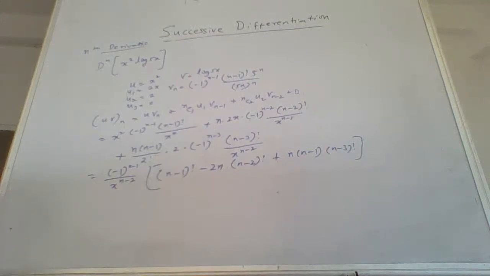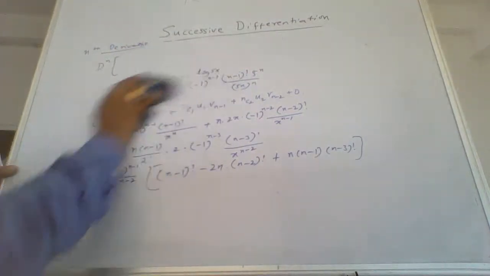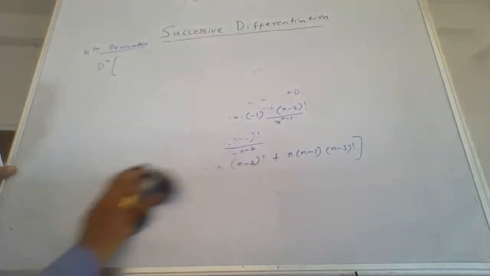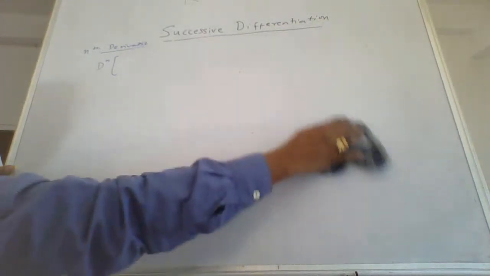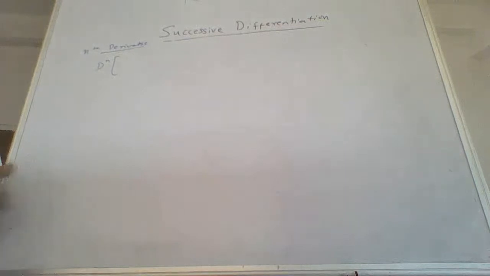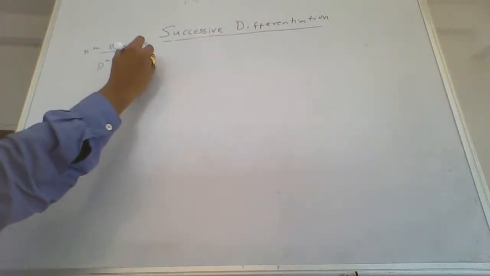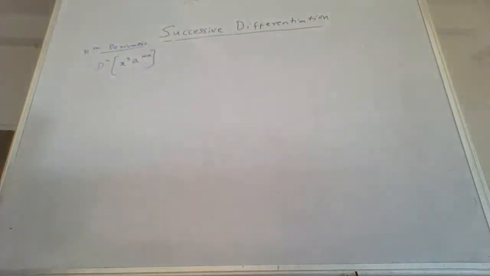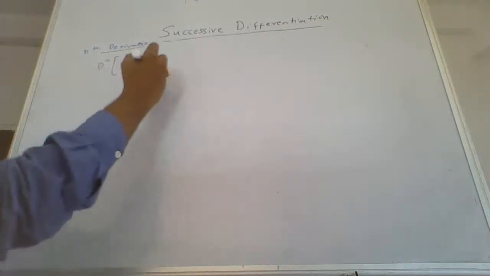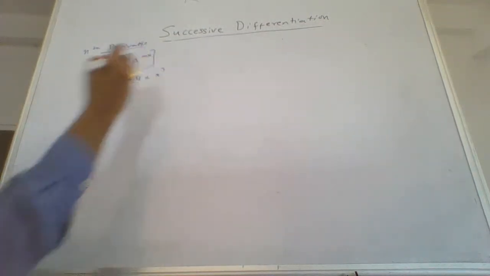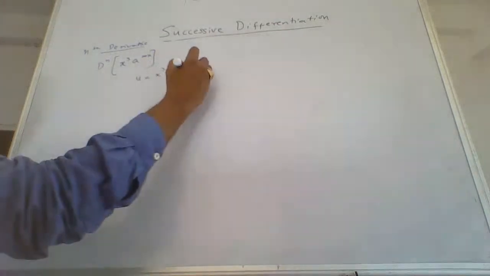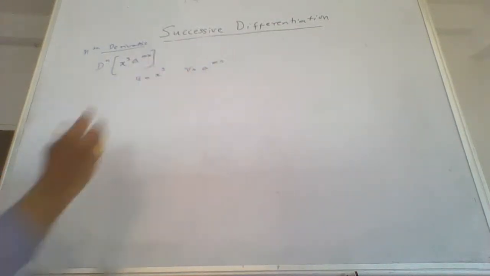So let us see one more example. Suppose I have to find the nth derivative of x cube a power mx. Let us try to solve this. Again, consider u as x cube and v as a to the power of mx.